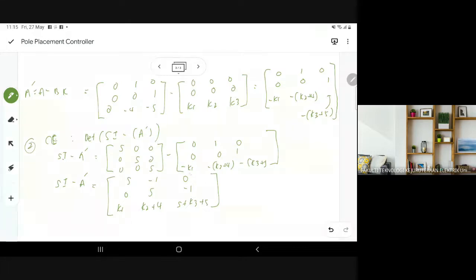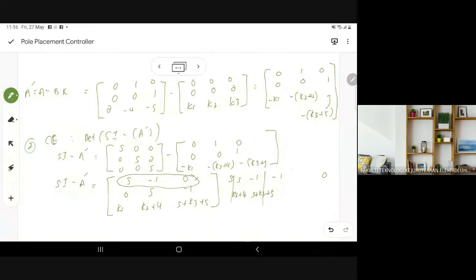So as usual, you just choose any row or column you like. In this case, I want to choose the top one. So I put it here as -1 for the 0. And then after that, I need to close. I will get -1, K2 plus 4, and here will be s plus K3 plus 5.